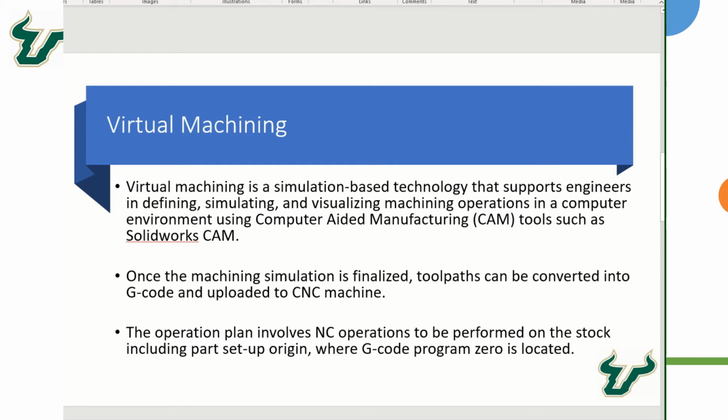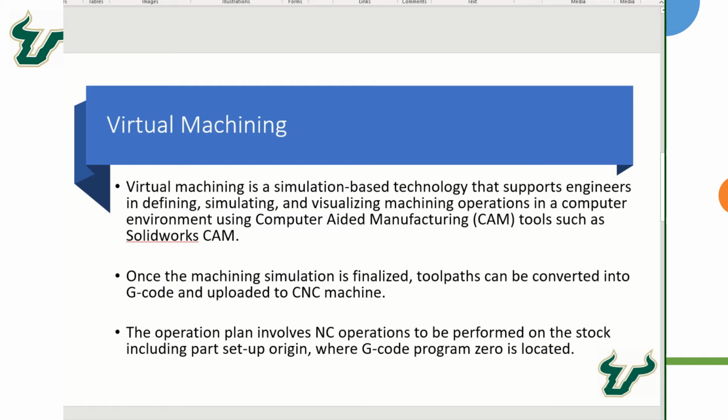Once the machining simulation is finalized, the toolpaths created by this software can easily be converted into G codes, and then you can upload them onto the CNC machine on the shop floor, so you can physically machine the parts.